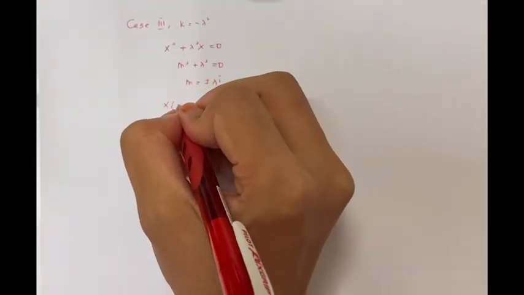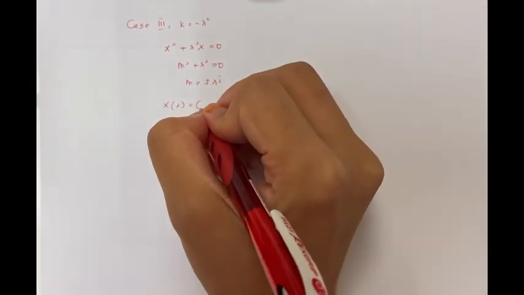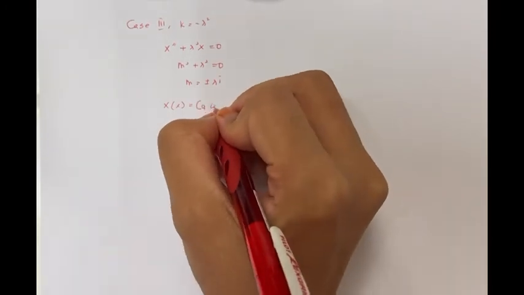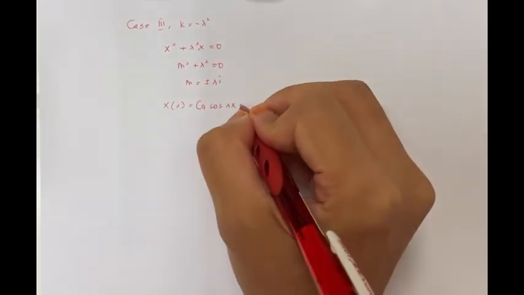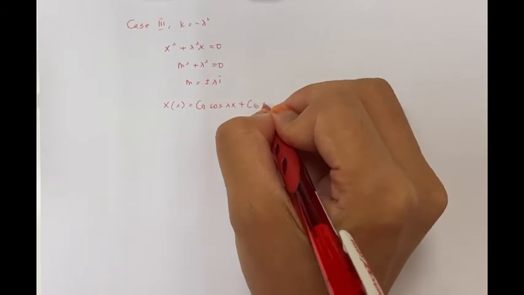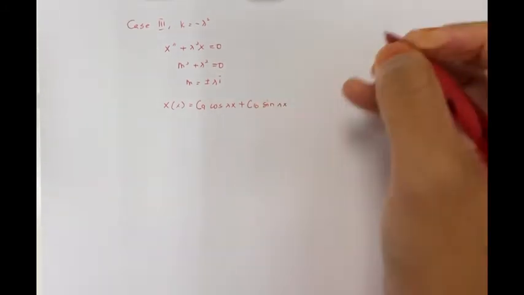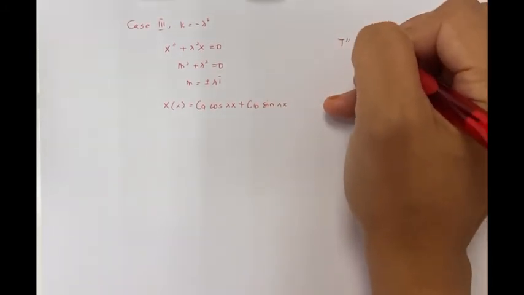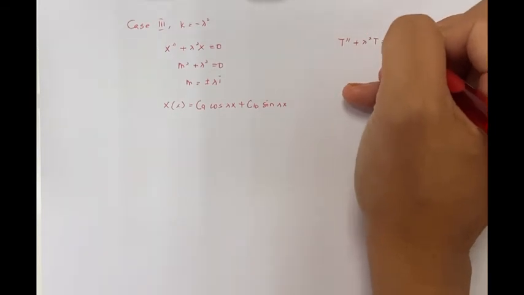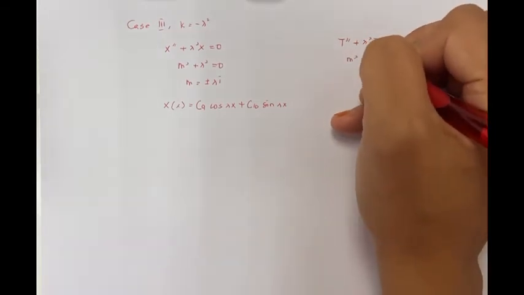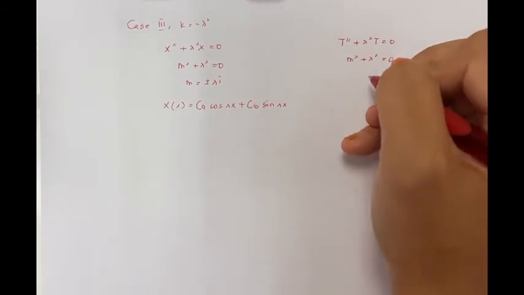So for complex conjugate, you have X equal to C9 cos lambda x plus C10 sin lambda x. And T double prime plus lambda squared T equals 0. m squared plus lambda squared equals 0.